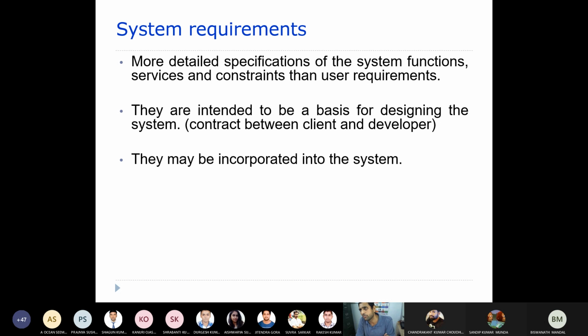We have also seen an example of opening a file from the computer, where the software should allow you to access a file. In the previous lecture, we saw how the user requirements and system requirements can be defined, and how they may be incorporated into the system.